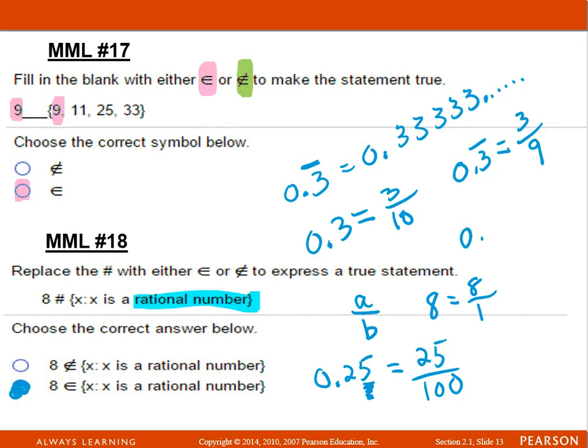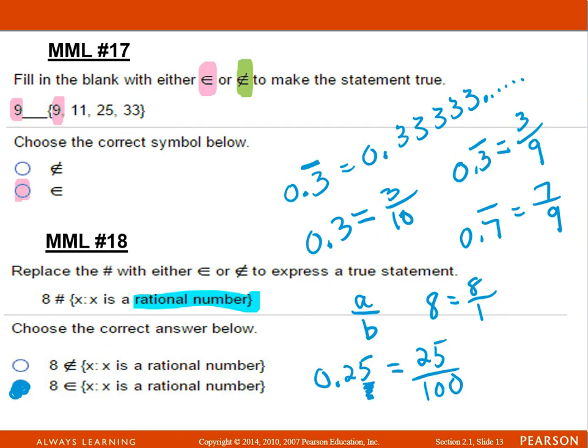So if somebody says 0.7 repeating, that is 7 over 9. If you don't believe me, grab a calculator, take 3 divided by 9, and it'll convert it to 0.3333333. Take 7 divided by 9, it'll convert it to 0.7777777. So repeating decimals can be converted back into fractions. So repeating decimals are also rational numbers.